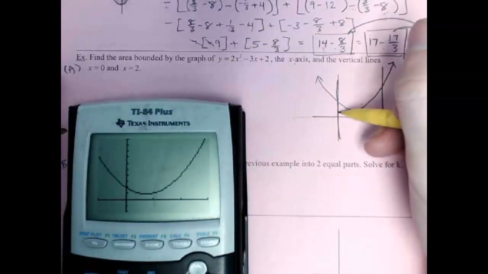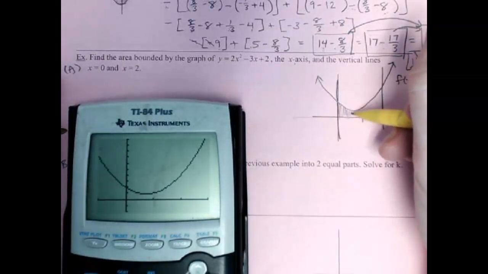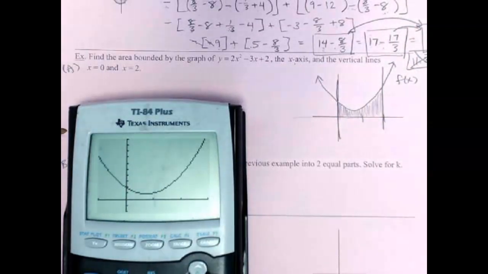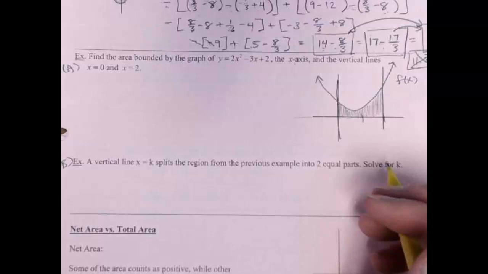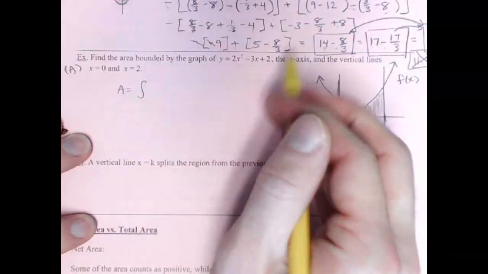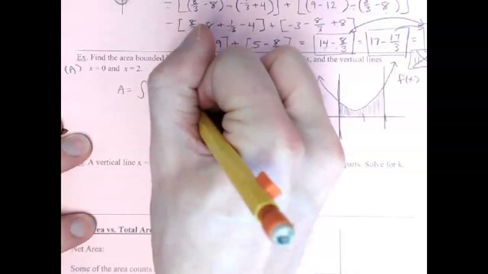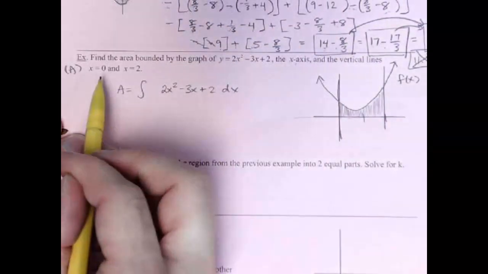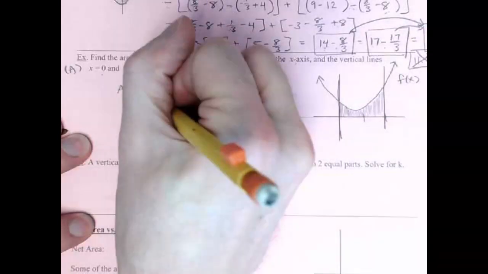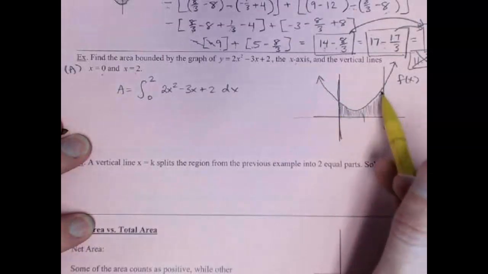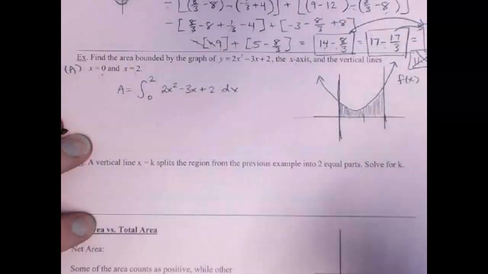So we're trying to find the area of this weirdly shaped region. That's okay. A definite integral is going to do that for me. If I integrate this function, 2x squared minus 3x plus 2, from 0 to 2, that definite integral is going to give me the area of that weirdly shaped region, which is what the question wants.